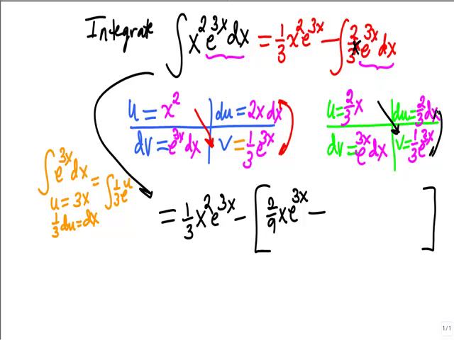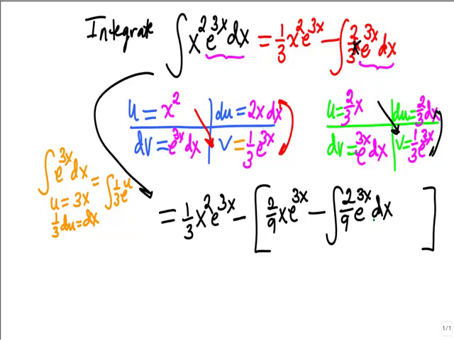So I need the product of those, which is 2/3 times 1/3. So it's 2/9 e to the 3x dx. And now what I have to do is I have to be careful about this minus being distributed through, and then work it from there.